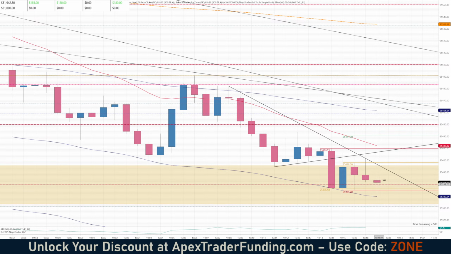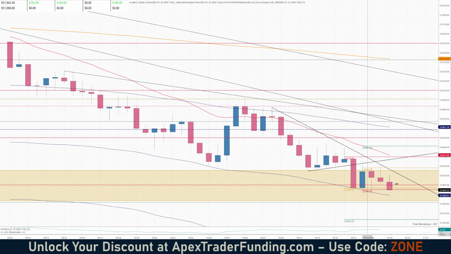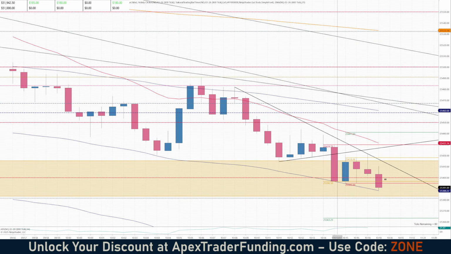Contemplating taking a 400 bounce here, but I don't know. This looks so bearish. All right, I'm glad I didn't. I would have been stopped out. So my instincts were right. Still in this bearish move.